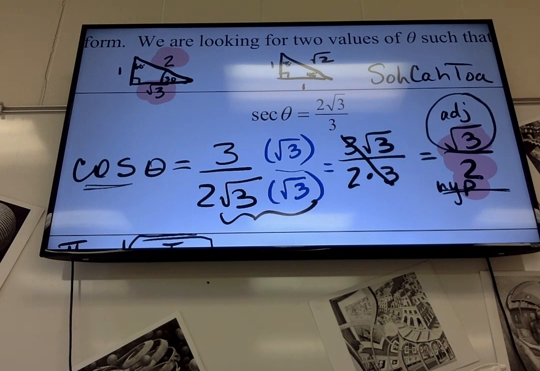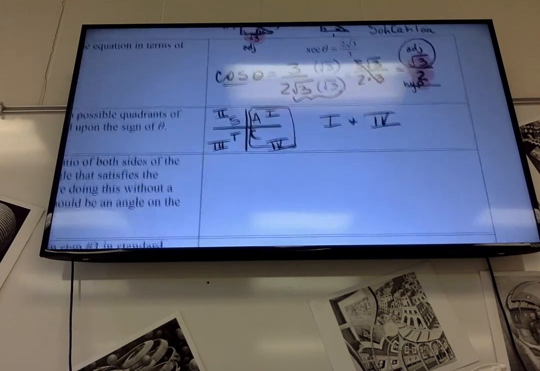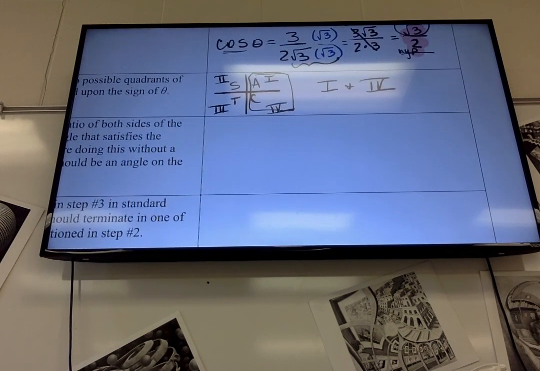So notice if 30 degrees is your angle, then you have opposite, adjacent, and hypotenuse. So I know my reference angle has to be a 30-degree angle. So we have it in quadrant 1 and quadrant 4. I'm going to draw these two.